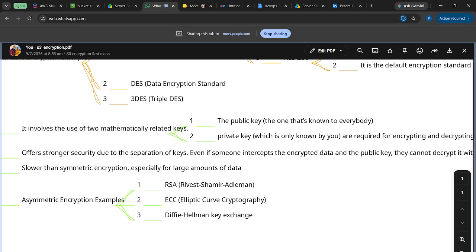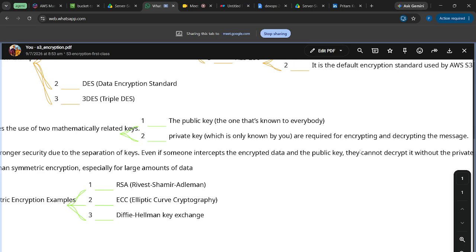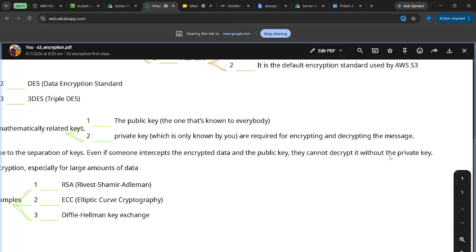Even if someone intercepts the encrypted data and the public key, they cannot decrypt it without the private key. Why? Because that private key is local, in your hand, and it's not possible for anyone to get both of the details easily.